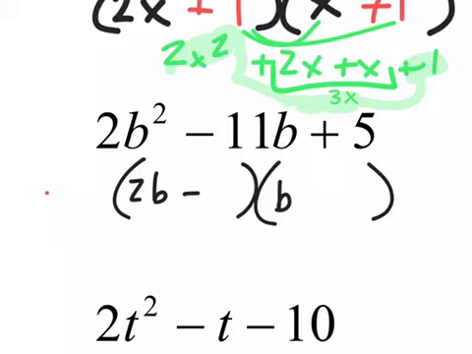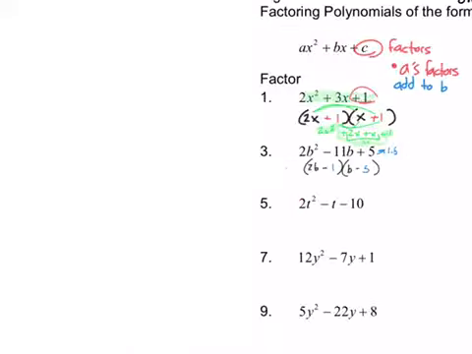I know that they're going to be double negative in this case because I need everything to ultimately add up together to give me a negative 11. So now I'm just messing with factors of 5, so I've got 1 and 5. So with me needing to reach 11, I'm going to want this 2 and 5 ultimately to multiply. So I'm going to put the 5 there and the 1 there. And if you FOIL this out, you would get right back to that original statement.